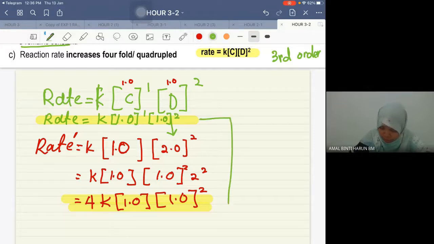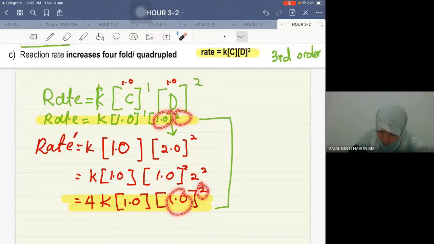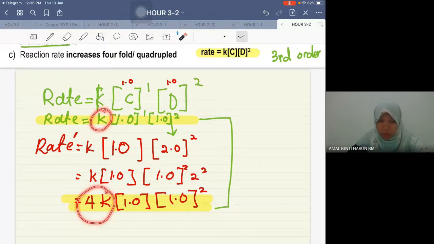Now let's compare this one. Ini dengan ni. So, you nampak ni. Initial dia 1, square sama. Ni sama. Okay. Tapi bila kita doublekan concentration D, dia akan jadi K kepada 4K. Boleh.